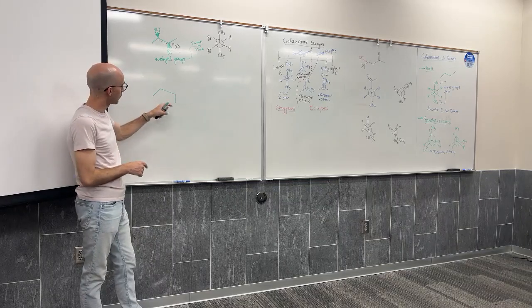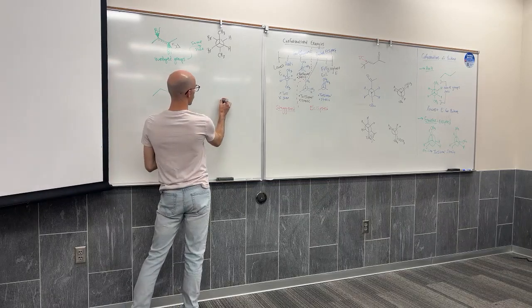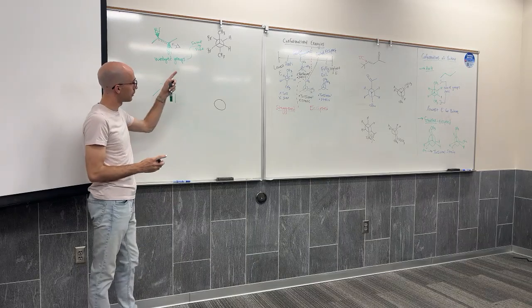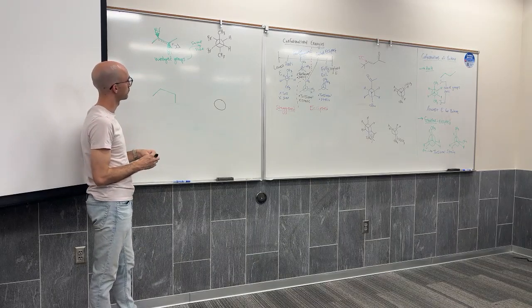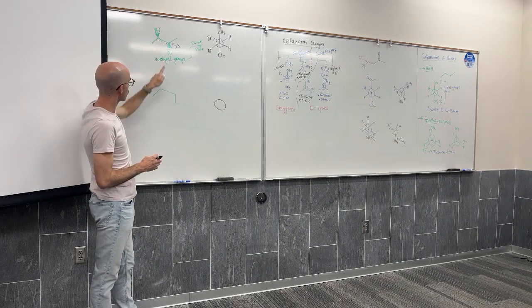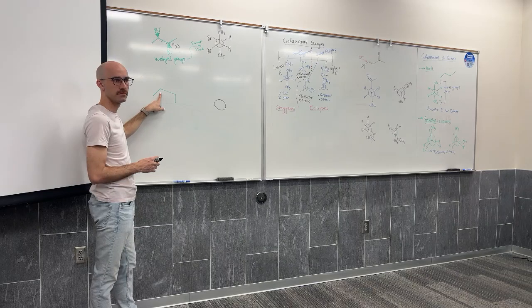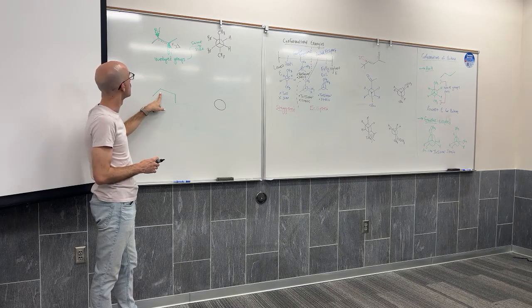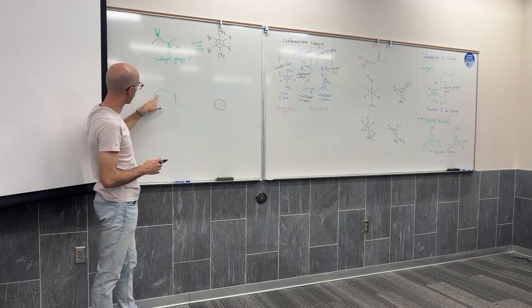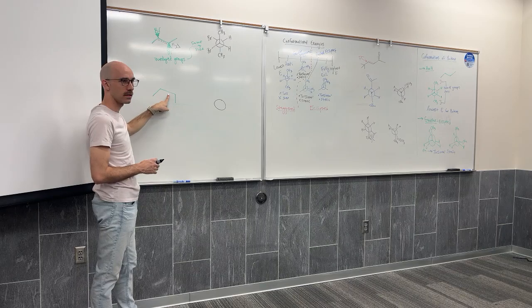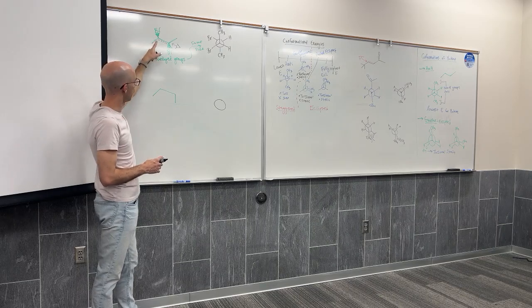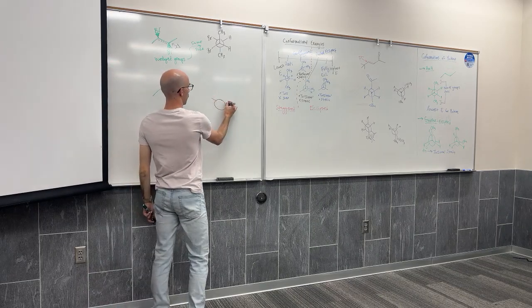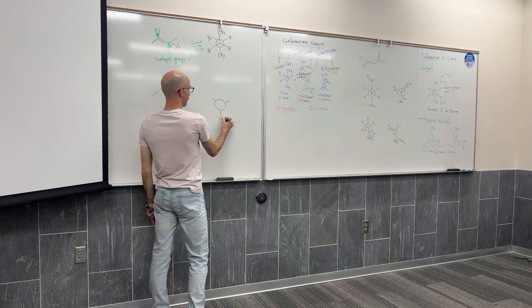Okay, well, I want to get down to this. It might actually be easier for me to do this from my Newman projection. Has anything changed from the back carbon? No. The back carbon kind of stayed with this zig that it's got. So I'm going to bring my back carbon back down.